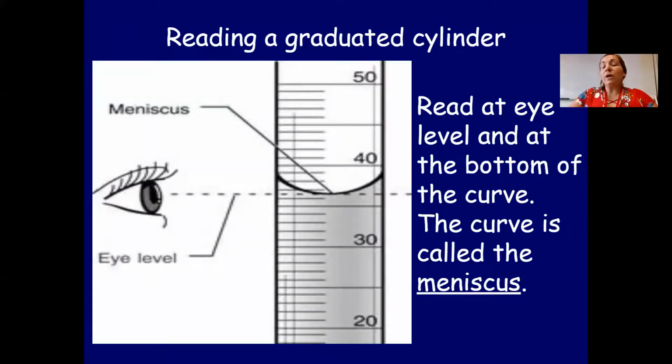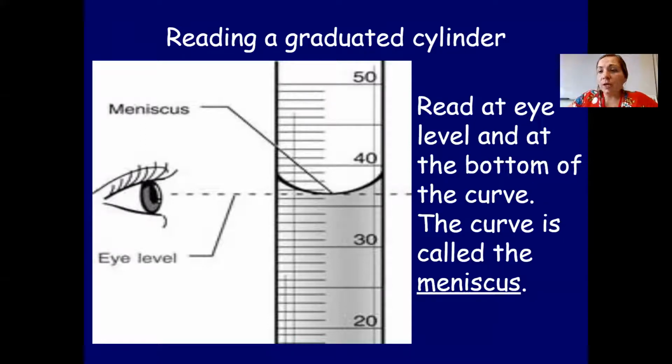Okay, so a graduated cylinder is something that scientists use to measure liquid. When we're reading a graduated cylinder, it's such a narrow tube that the water bends at the top.